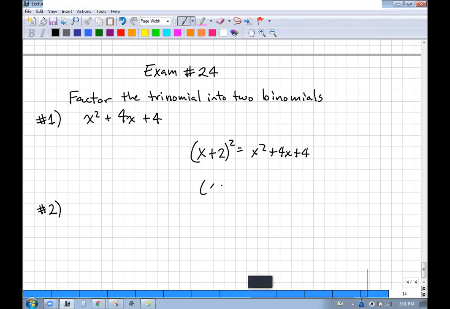And if I do x minus 1 times x plus 3, x squared plus 2x minus 3. That'll work.